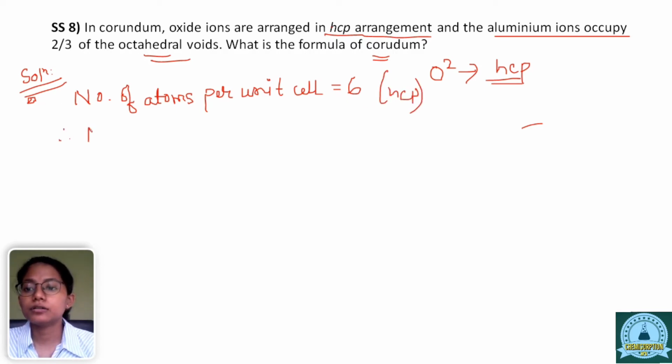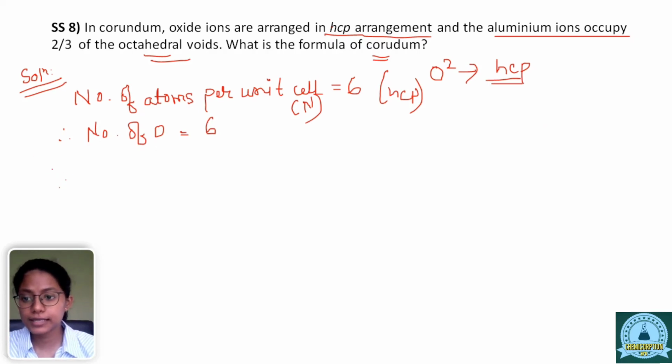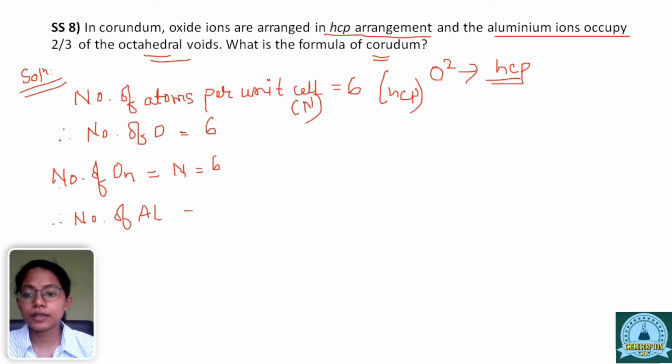Therefore, the number of oxygen present in the cell is equal to 6. So, if n is the number of atoms per unit cell, then the number of octahedral void is also n, equal to 6. And therefore, the number of aluminium is equal to, they occupy 2/3 of this octahedral void, which is equal to 4.